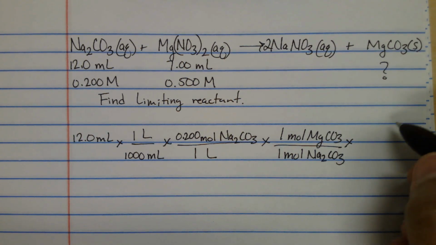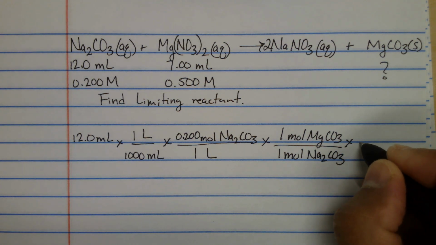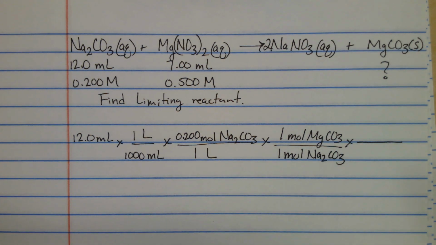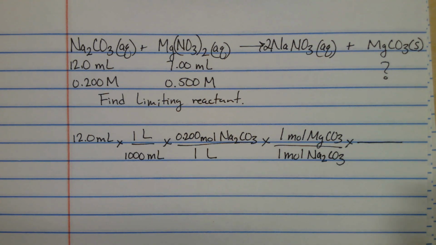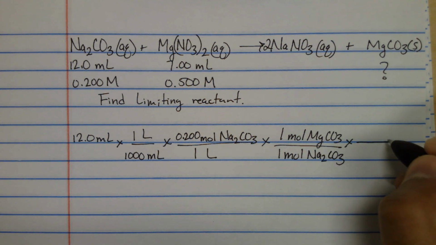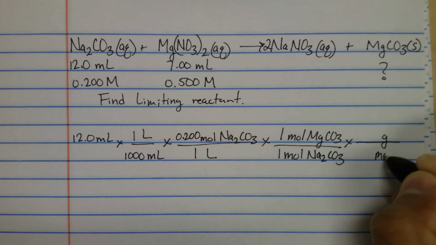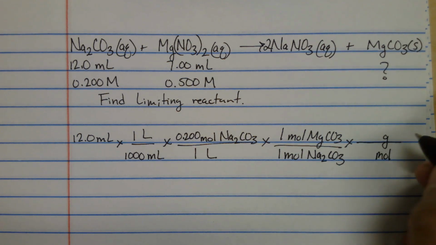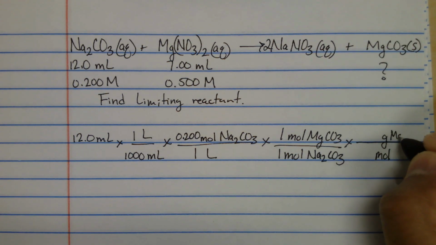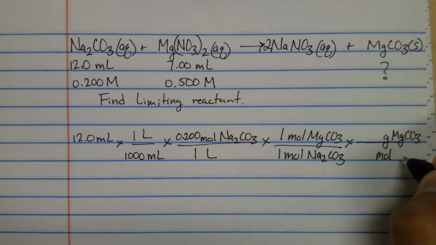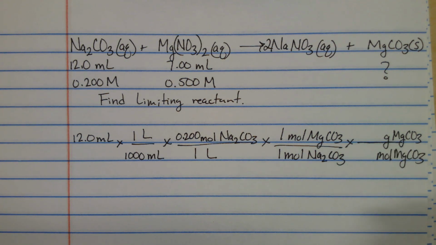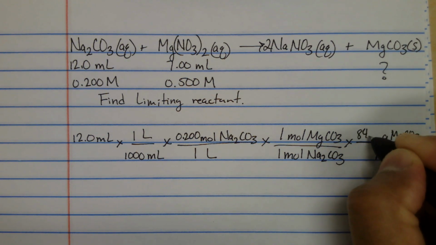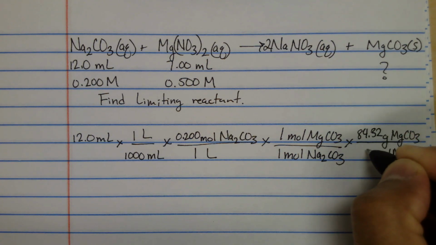And I'll go ahead and convert to the mass at this point. You can find the limiting reactant by converting to moles, but in this case, the question's asking us for the mass, so I'll go ahead and convert now. And we'll use our answers to compare here in a moment. Grams per mole, this is a molar mass.